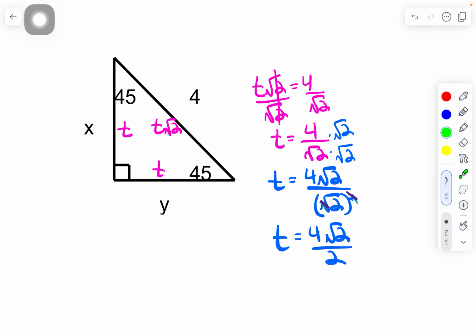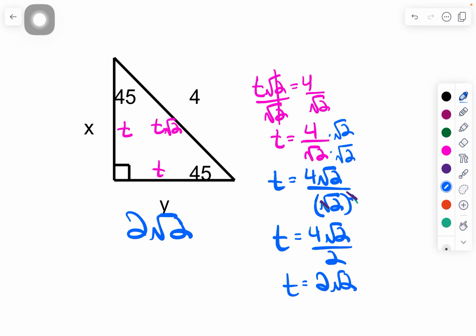Because now that you've done the work of rationalizing here to create the 2, this fraction can be reduced. And so I'm going to do that. 4 root 2 divided by 2 is going to be 2 root 2. So after all this hard work, all these steps to rationalize, reduce, all the things, I now know that t is 2 root 2. So these two sides are both 2 root 2, 2 root 2.